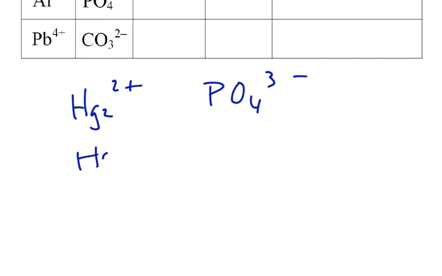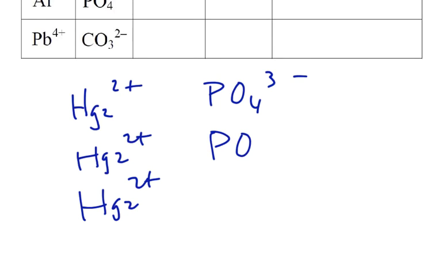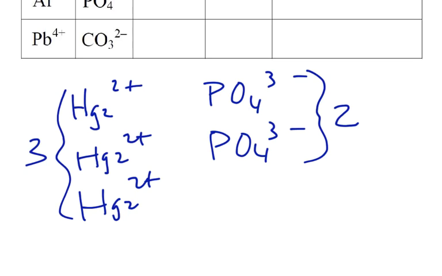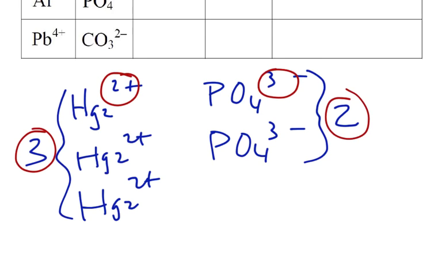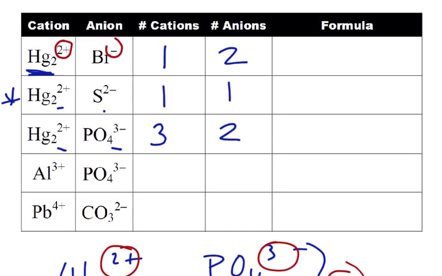So if I had another Hg2, 4+ and 3-, and if I had another Hg2, 2+, that would be 6+, and 6-, so 3 of these and 2 of these would balance out the charges. So when the charge is 2 and 3, then my answer ends up being 3 and 2. Crisscross method works very nicely there.